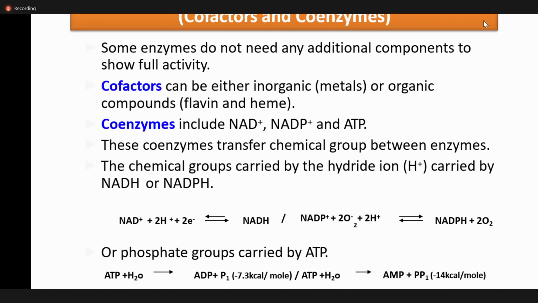Here it is, the enzymes. Some of the enzymes do not need any additional components to show full activity.